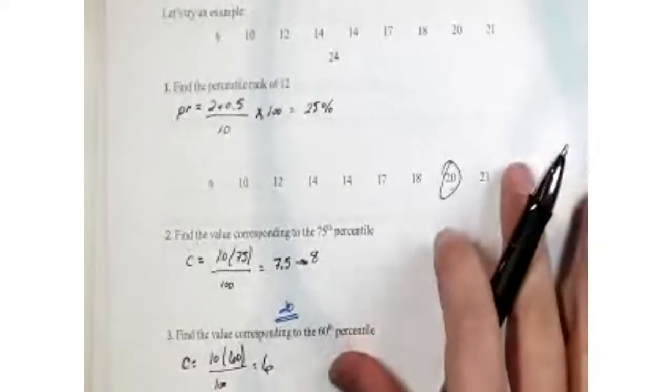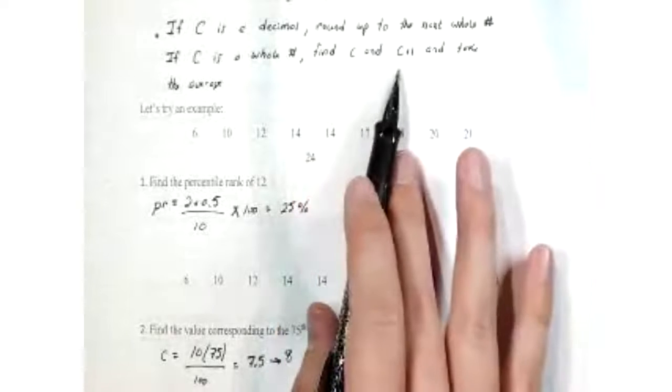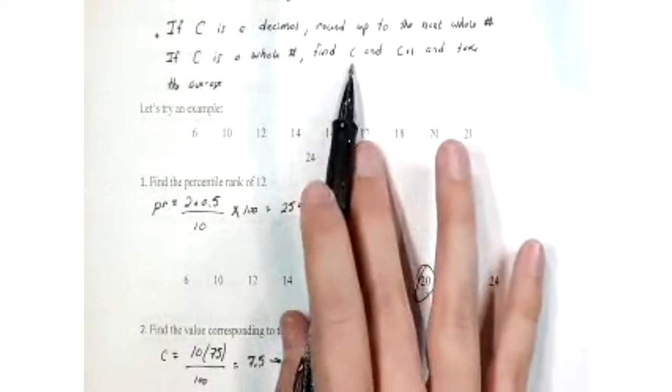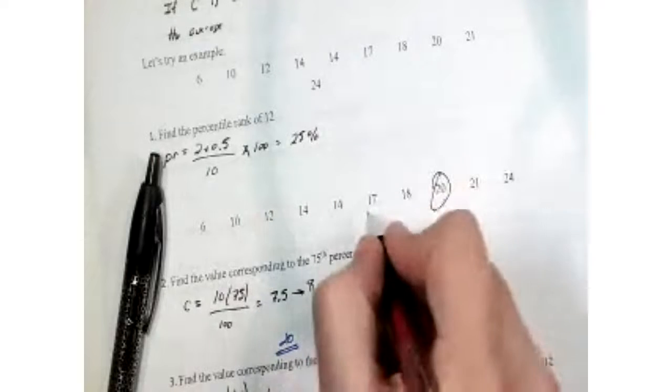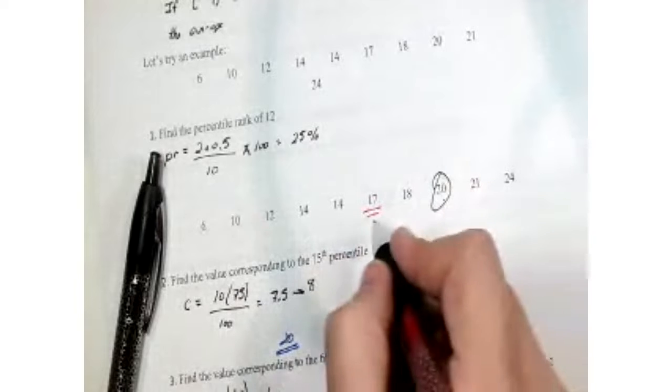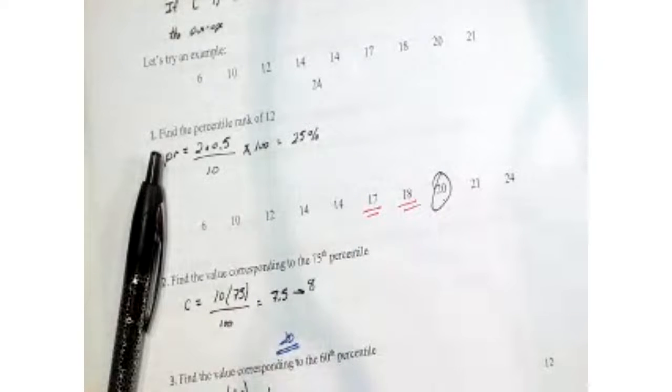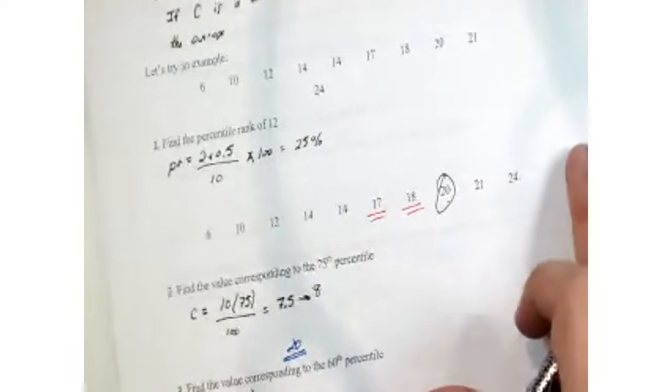Using this rule, we want to find C and C plus 1 in the data set, the 6th number and the 7th number, and then average them. The 6th number is 17 and the 7th number is 18. So we want to take 17 plus 18 and find the average.